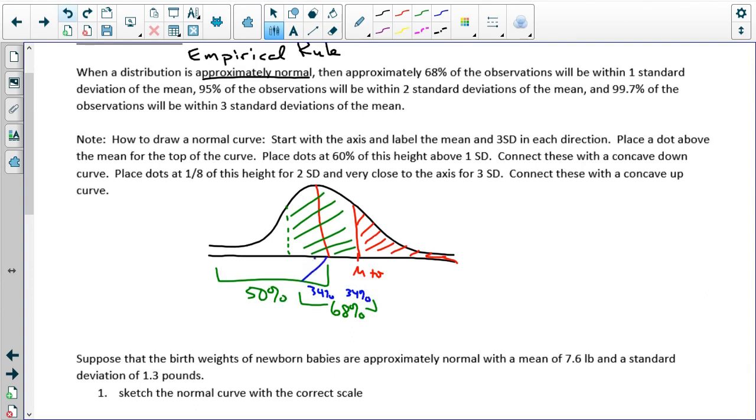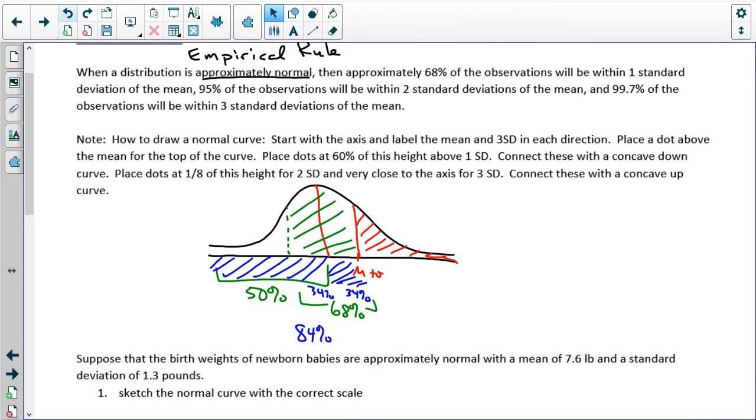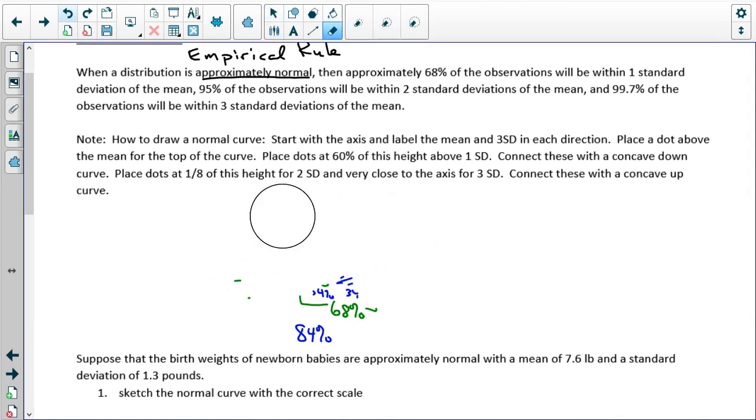So I have 50% over here and 34% here. 50 plus 34 is a total of 84%, which means that the shaded region to the right of 1 standard deviation of the mean would be 16%. So a lot of this is just calculating and understanding the symmetry of things.